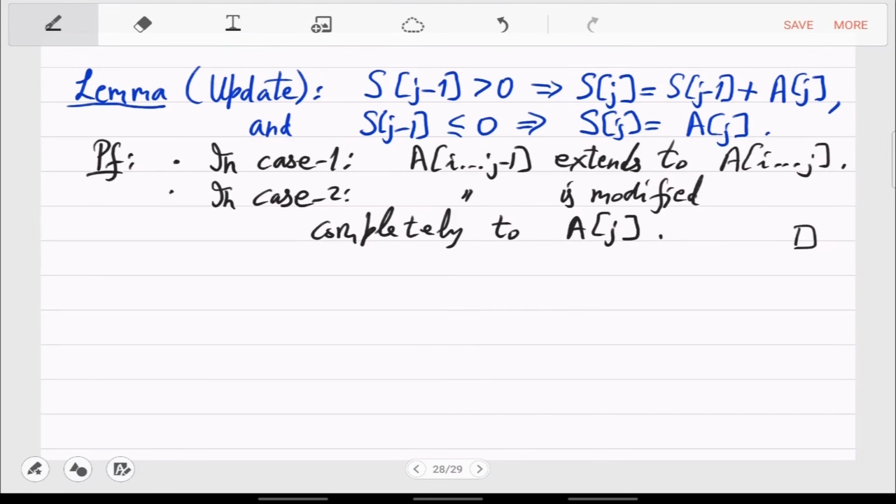Okay, so this is how the max sum subarray is evolving. The previous one, i to j minus 1, either you can extend it by adding one more element, the new element, or you can completely forget about it and just get Aj. So these are the two updates which you can use to also find the I values. So you can calculate the S values by the blue formula, and the black part also tells you what the I is. Right? So as an exercise, you use this to also get the updates for the I array.